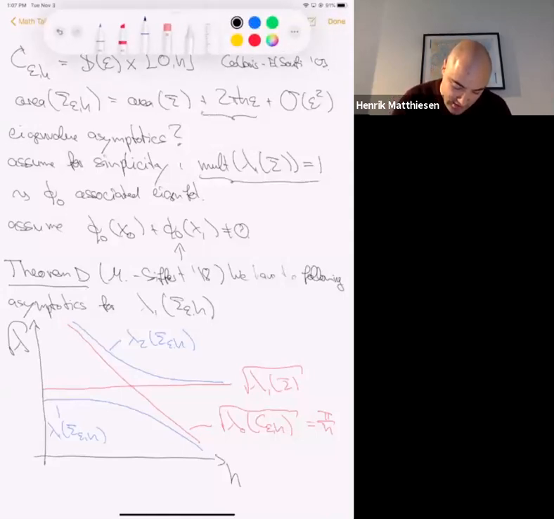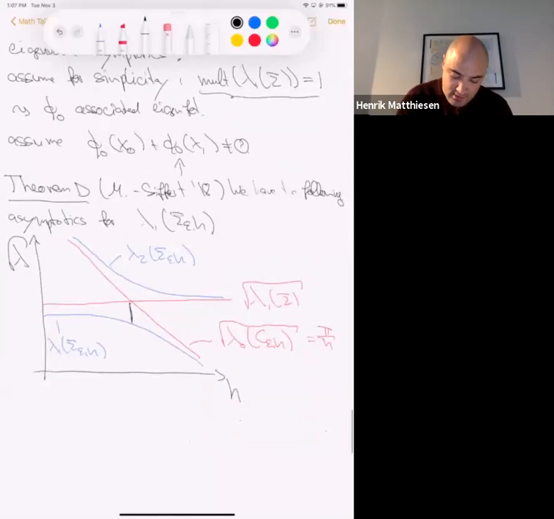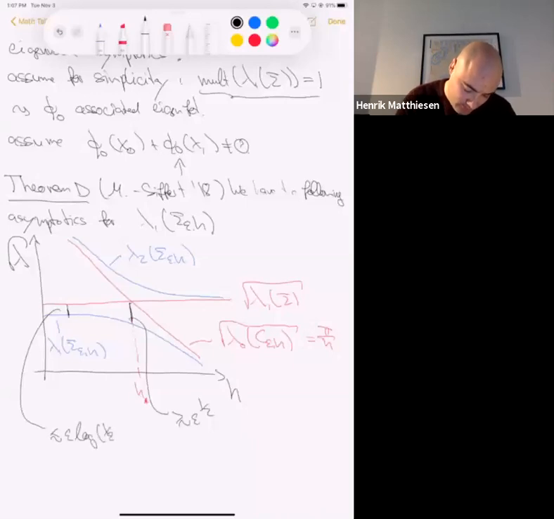And this here is on scale epsilon to the 1/2. Now let me make one more thing. Let's call this parameter here h star. And the gap here is at most epsilon log 1 over epsilon.